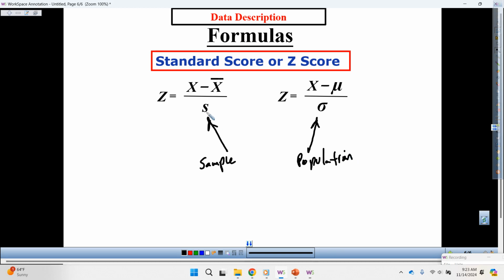So yeah, sample standard deviation, population standard deviation. All right. So with that said, tell your neighbor what this one stands for and what this one stands for.